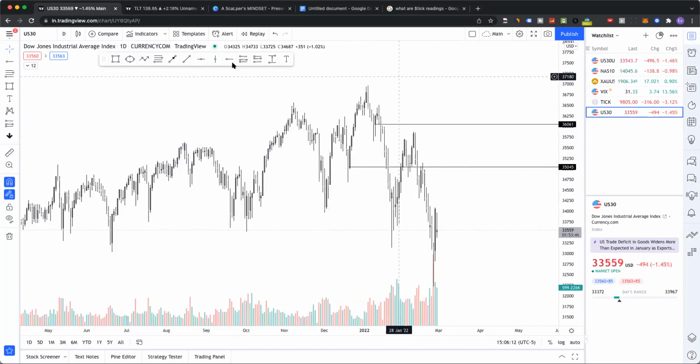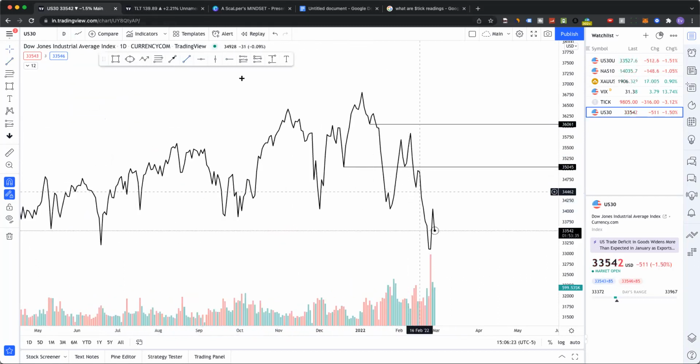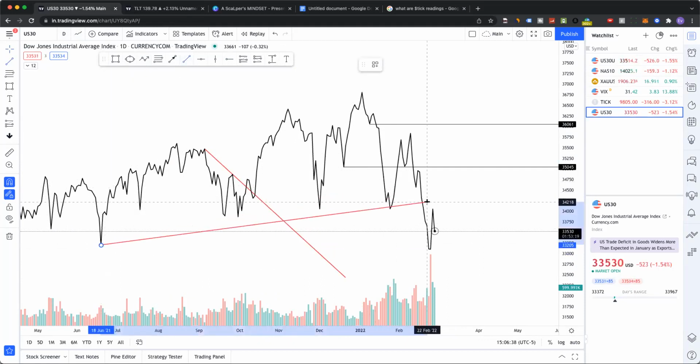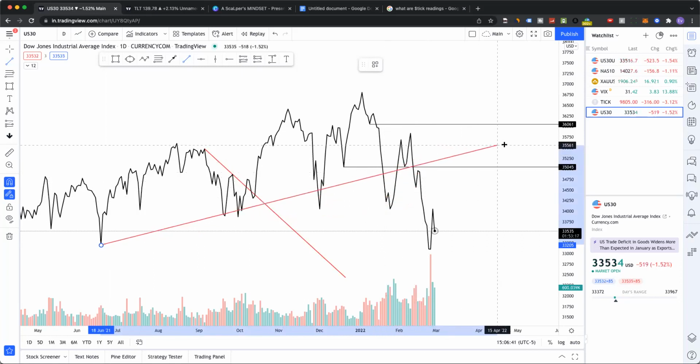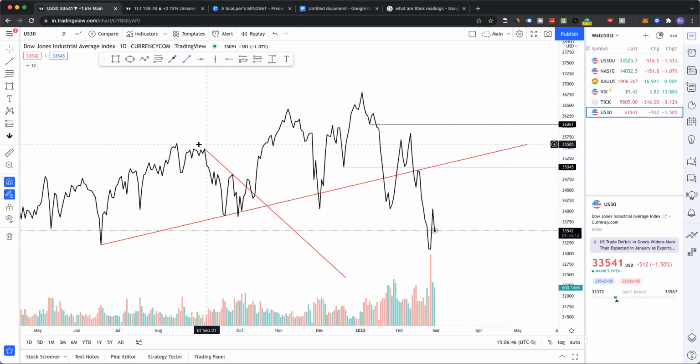If we also look at some sort of trend line, let me use our line chart. See here, we have a trend line, breakout, pullback.